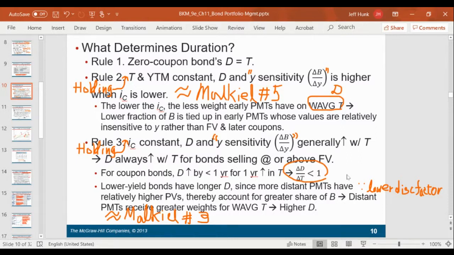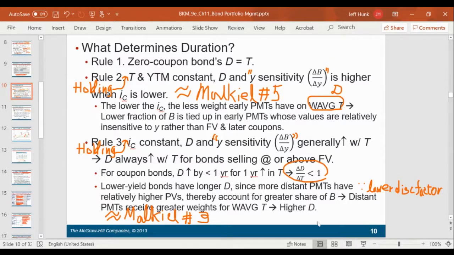Duration always. The longer the maturity, for coupon bonds, duration increases by less than a year for a 1 year increase in maturity.